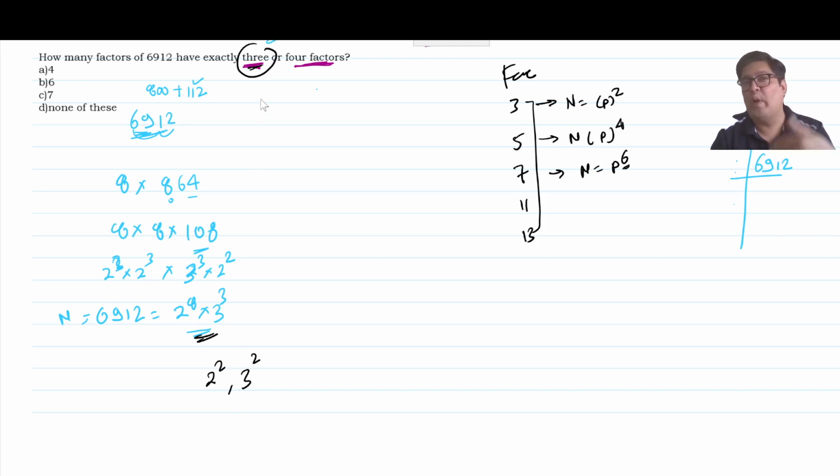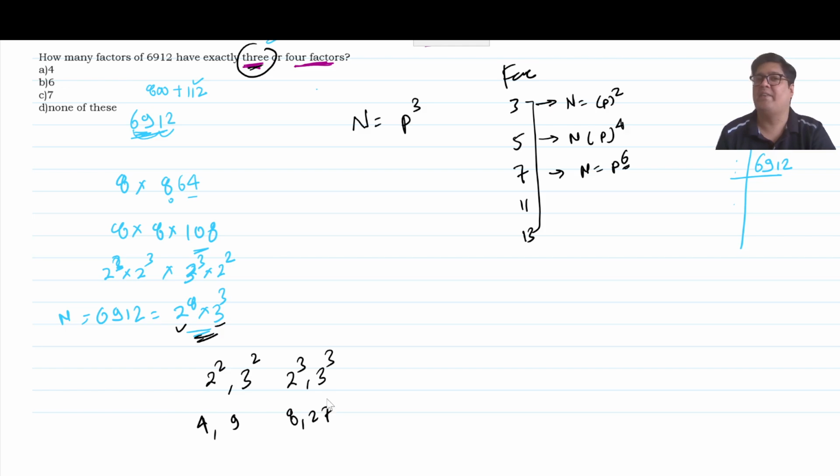So who will offer me 3 factors? 2 square, 4, and 3 square, 9. These are the divisors which will offer me 3 factors. Now, who will offer me 4 factors? To generate 4 factors, one of the possibilities is the number should be a prime cube. So do you see it is divisible by 2 cube? It is also divisible by 3 cube. 8 and 27.